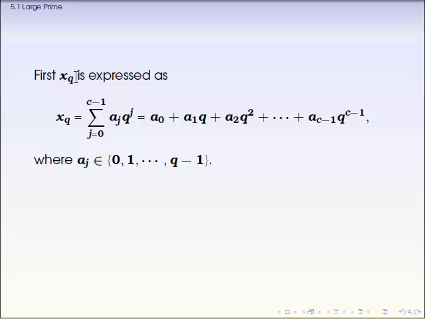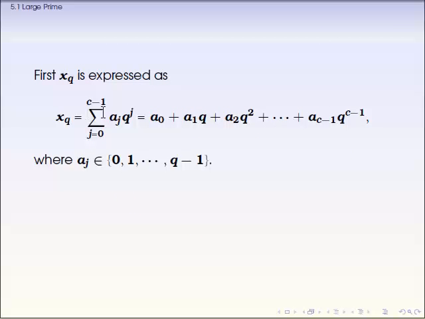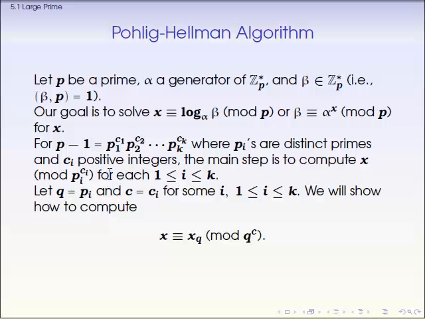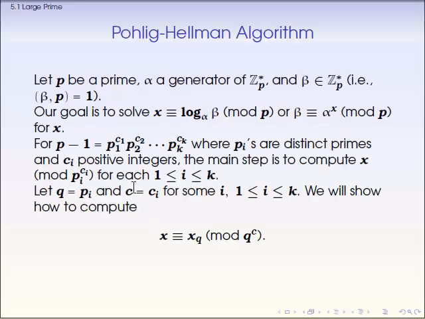Then we could write this x sub q like this: the sum of a sub j times q to the j, where j is from 0 to c minus 1. Once again, this q is pi, whatever the prime number is, and c is the power from this factorization of p minus 1.